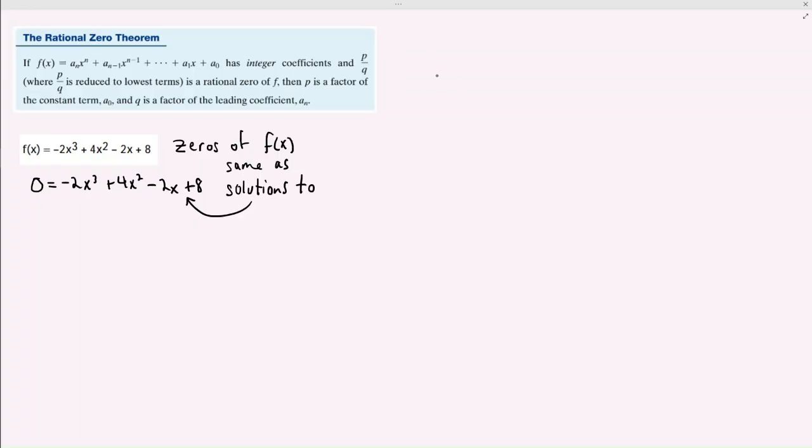In both cases, the only possible rational solutions are going to be factors of a naught, which is the constant, divided by factors of a sub n, which is the lead coefficient. Okay, so that's all we need to know from our function.